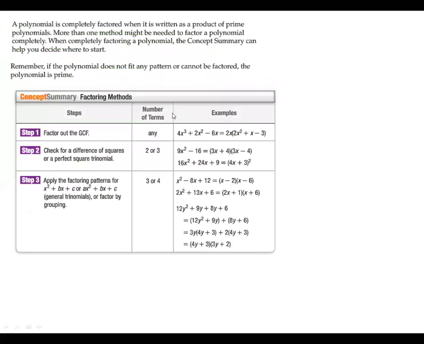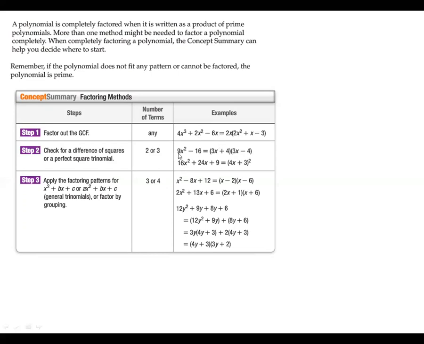All right, a polynomial is completely factored when it is written as the product of prime polynomials. More than one method might be needed to factor a polynomial completely. When completely factoring a polynomial, the concept summary can help you decide where to start. Remember, if the polynomial does not fit any pattern or cannot be factored, the polynomial is said to be prime. So factor out a GCF, the greatest common factor of all the terms.